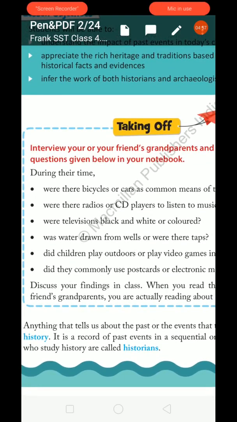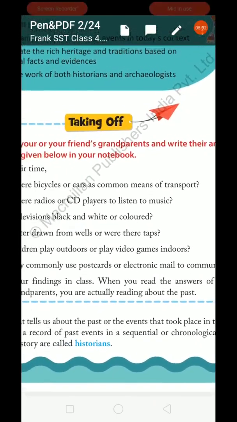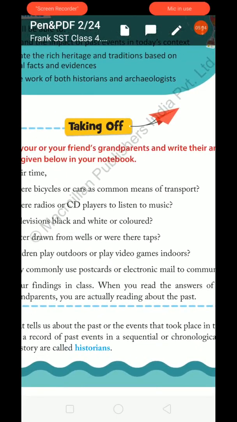Did they commonly use postcard or electronic mail to communicate? What do you think? If you want to talk with each other, which method did they use? Postcard. आज मैंने एक लेटर पोस्ट किया है तो मुझे कब मिलेगा? Maybe 1 month, 15 days, 1 week.